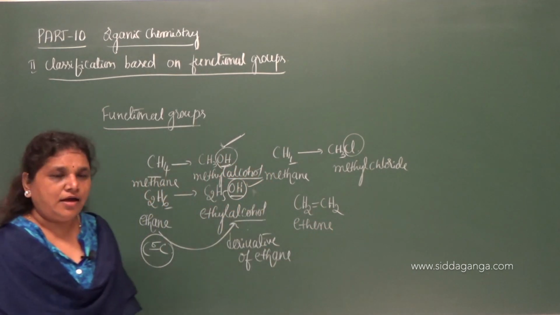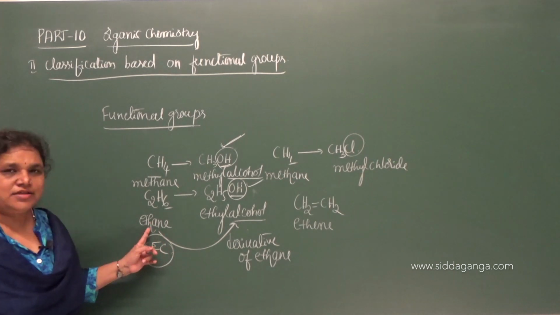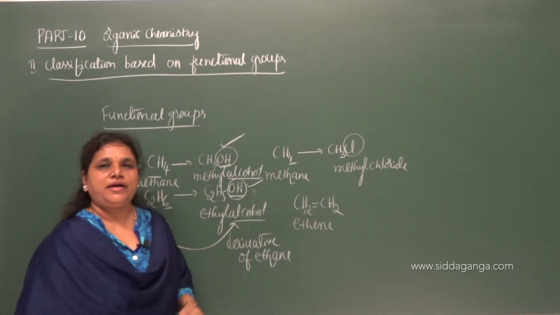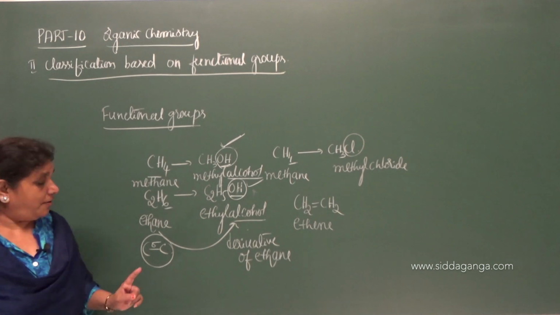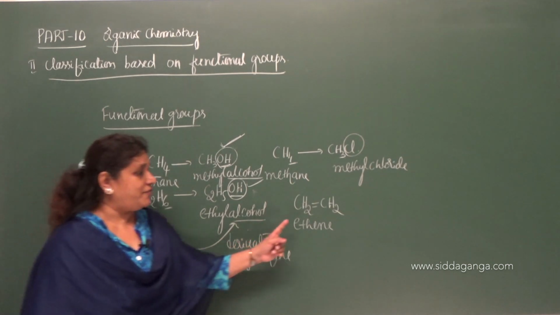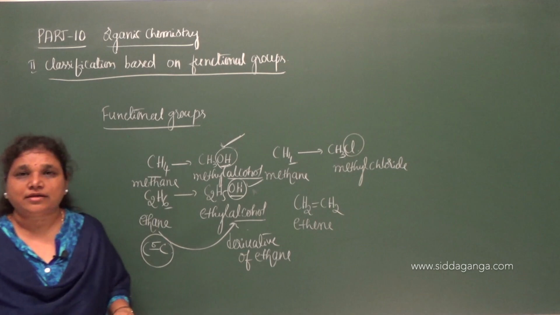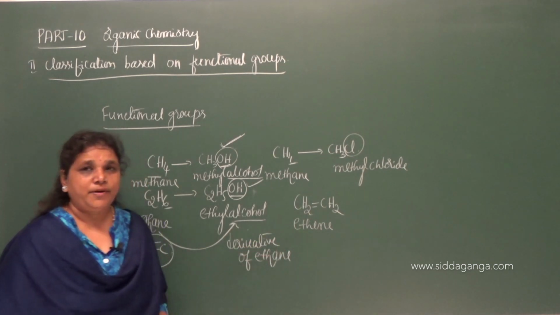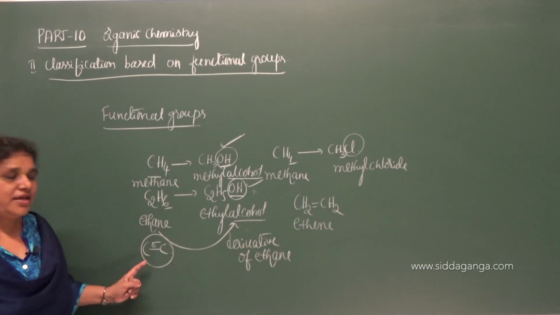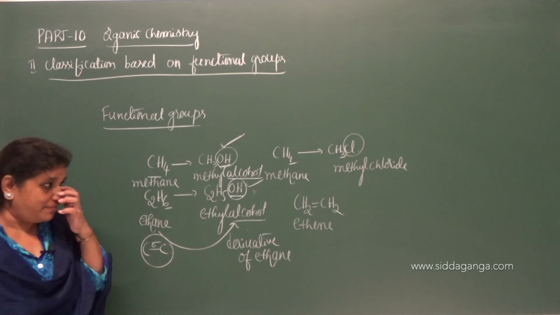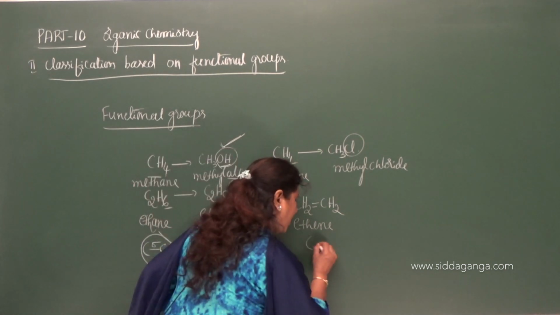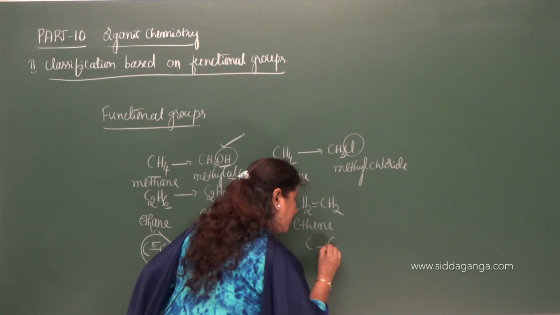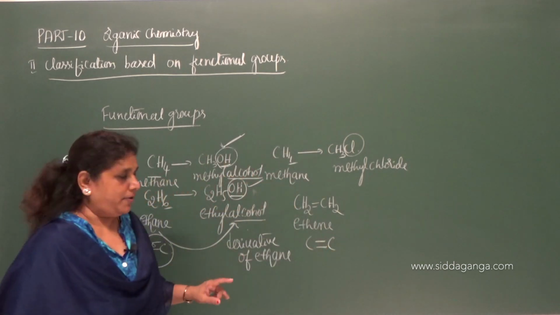This is ethene. As we know, ethane contains 2 carbon atoms, ethene also contains 2 carbon atoms, but the properties of ethane differ from the properties of ethene. So why do they show different properties? The reason is in ethane we have a carbon to carbon single sigma bond, and in ethene we have a carbon to carbon double bond.